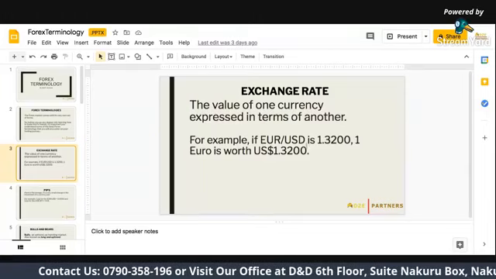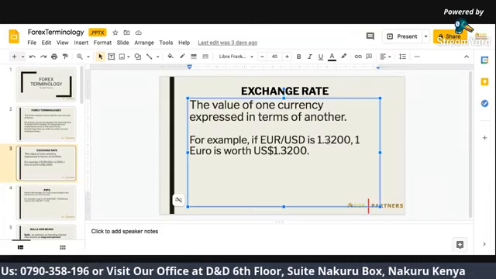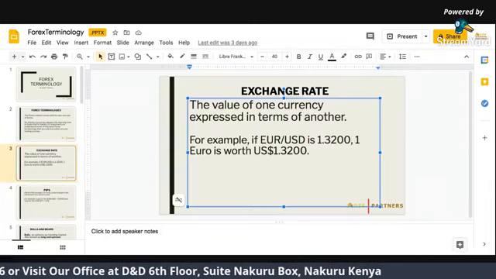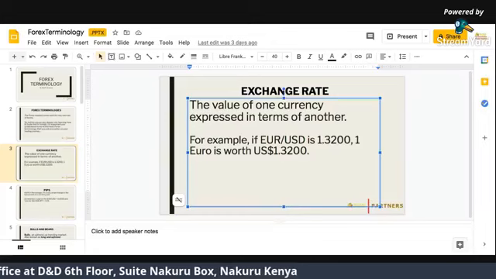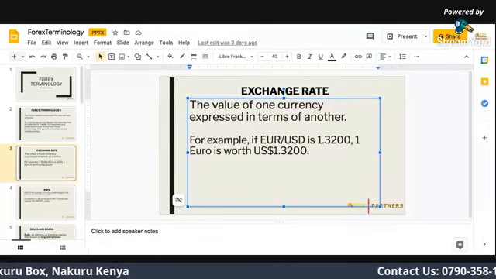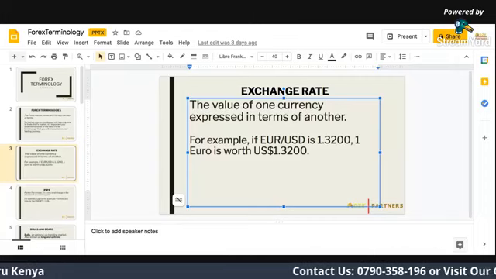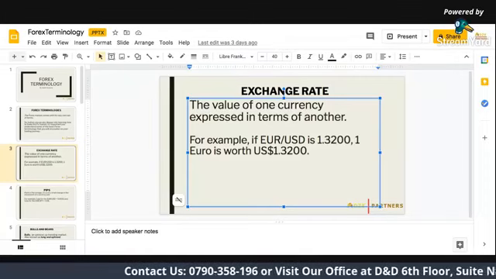This price usually changes. Currently, for the Euro USD, let me see what the price is.